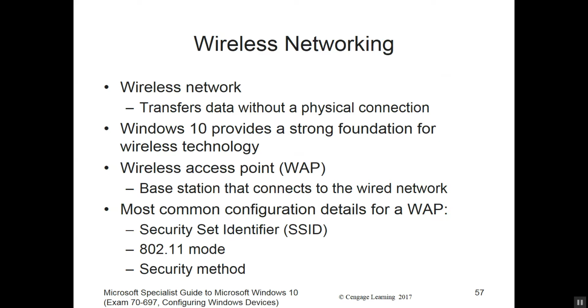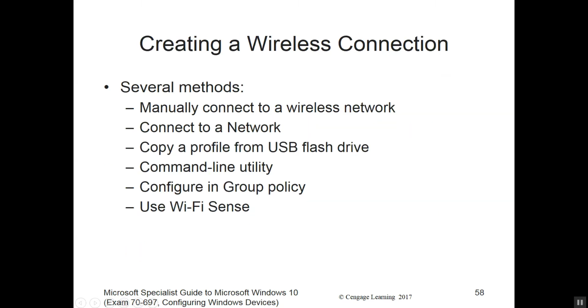And 802.11, that's a protocol of communication that we will talk to that wireless access point via. And that's created by IEEE, and we've got different versions over time. I think currently we're looking at 802.11 AC. And we've got security methods that take place.